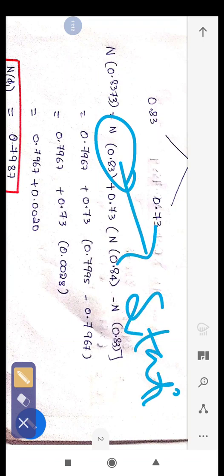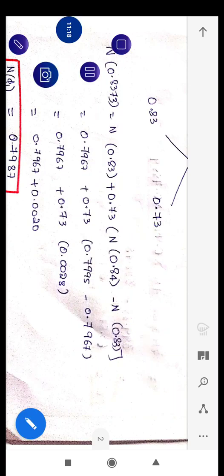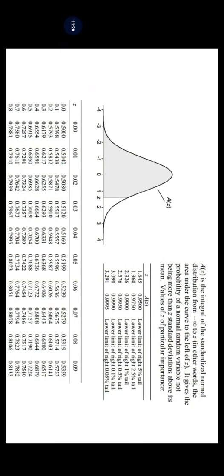So let's see what will be the value for 0.83. Here I have opened the statistical table.